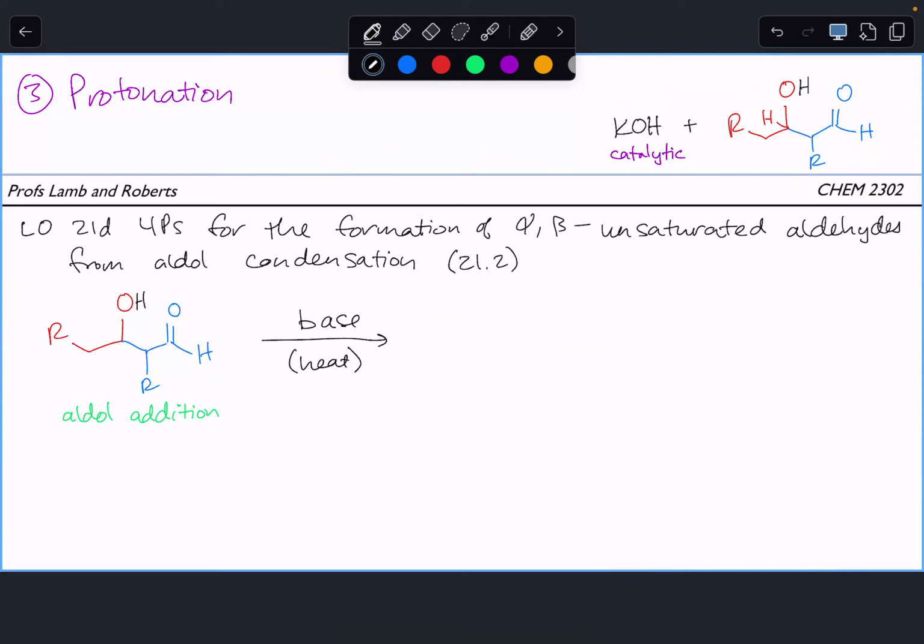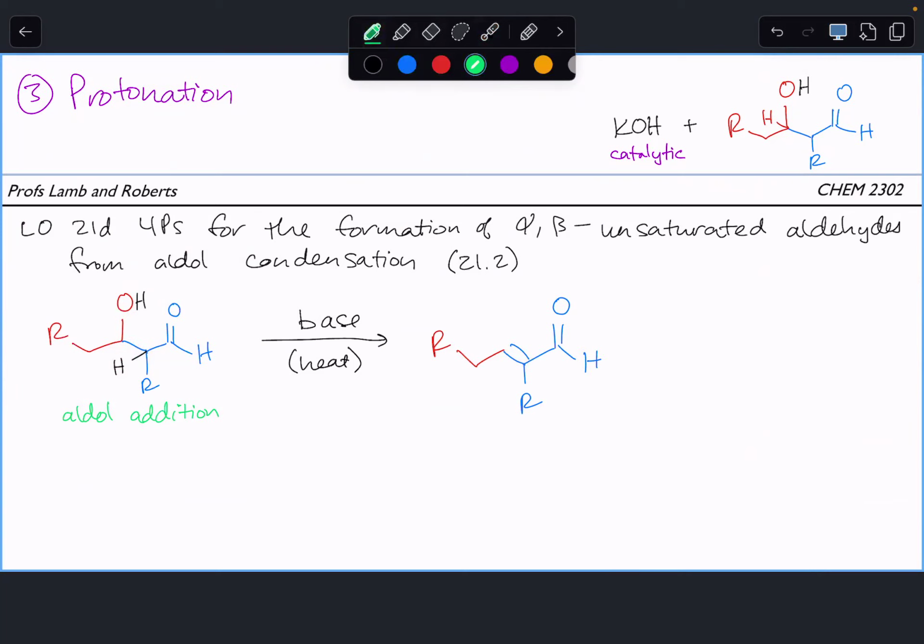So in a condensation reaction, you lose a small molecule. In this case, we lose water. We essentially lose the OH, the alcohol, and another alpha proton to get us this. Okay. So we lost our OH, we lost another H, and we put a double bond right there.